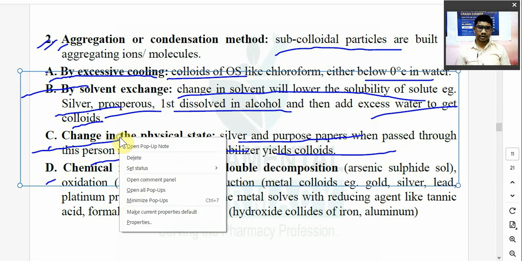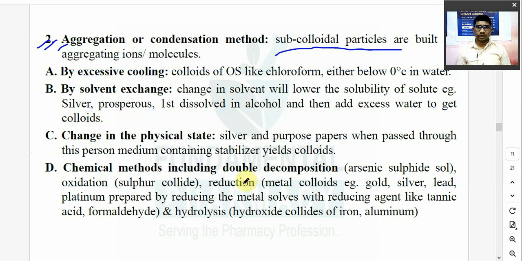Next is the chemical method, including double decomposition. For example, arsenic sulfide sol is made by oxidation. Oxidation में sulfur colloid बनते हैं. Reduction is applicable for metal colloids, for example gold, silver, lead, platinum.